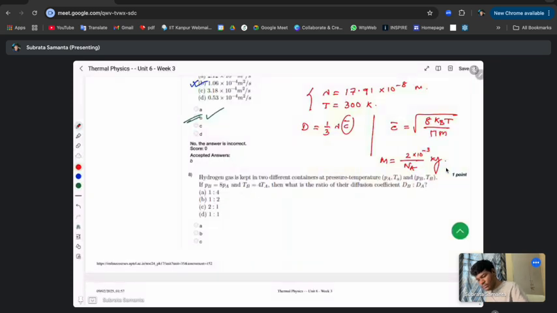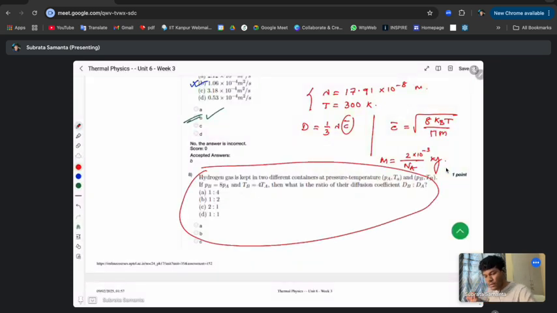In the next one, hydrogen gas is kept in different containers, at pressure and temperature PA and TA in one container, and in another container at pressure and temperature PB and TB.